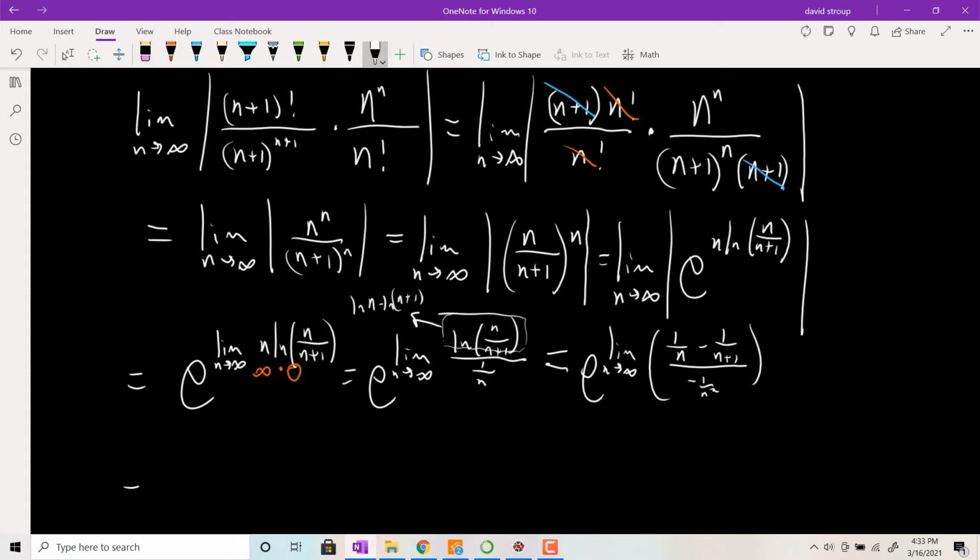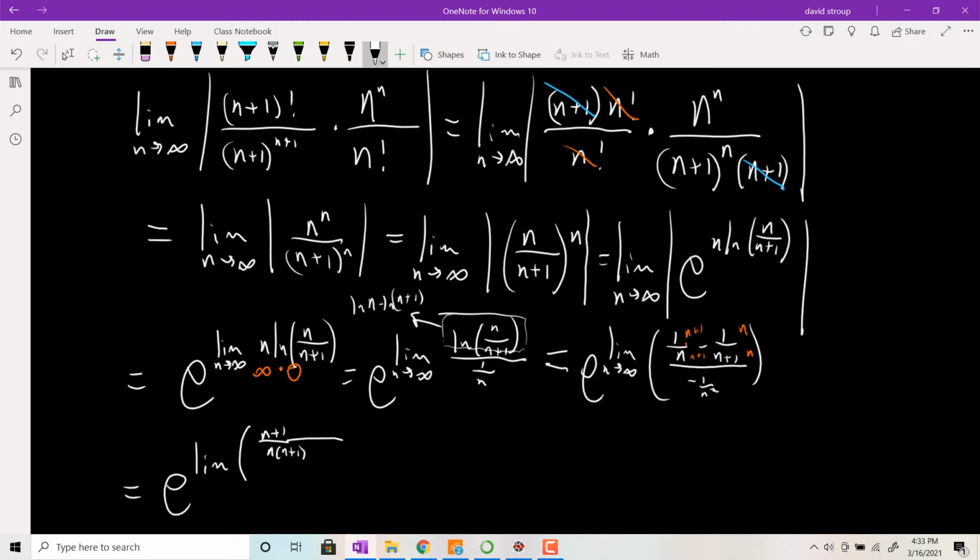Okay, so now it's e to the limit of that thing, and we're going to algebraically simplify it first, right? So find a common denominator in the numerator, and the first term I need to multiply top and bottom by n plus 1, and the second term I need to multiply top and bottom by n. So I'm going to end up with n plus 1 all over n times n plus 1.